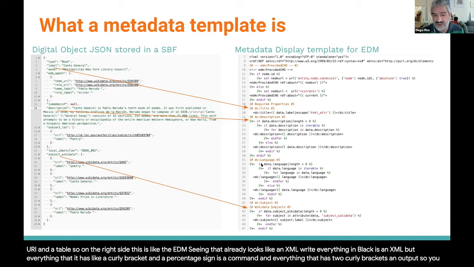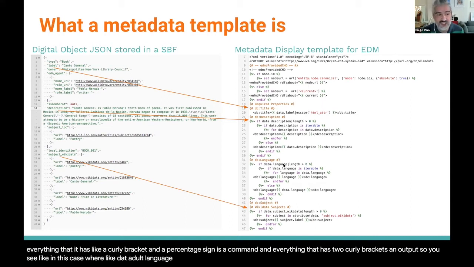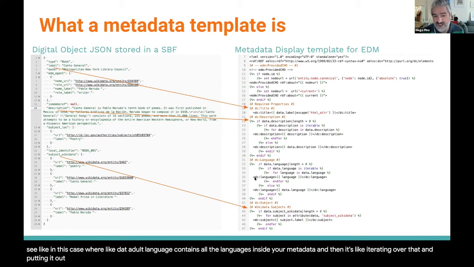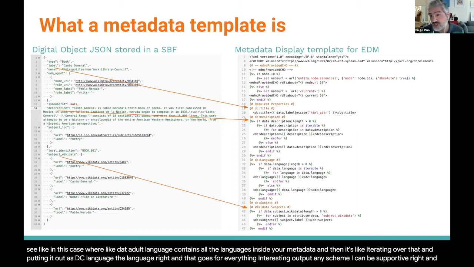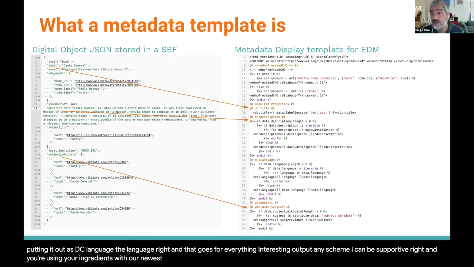So you see, in this case, data.language contains all the languages inside your metadata, and then it's iterating over that and putting it out as DC language, the language, right? And that goes for everything. This way you can build very interesting outputs. Any schema can be supported, right? And you're using your ingredients with a new recipe, right?